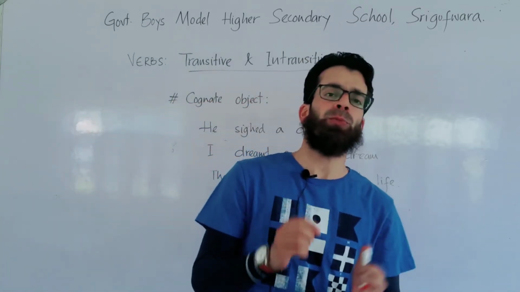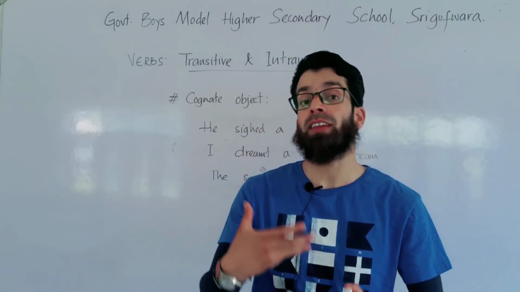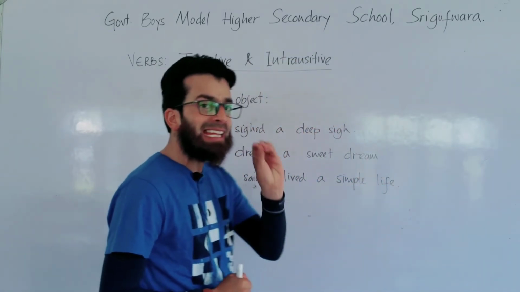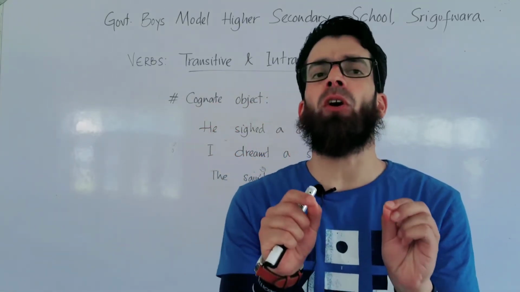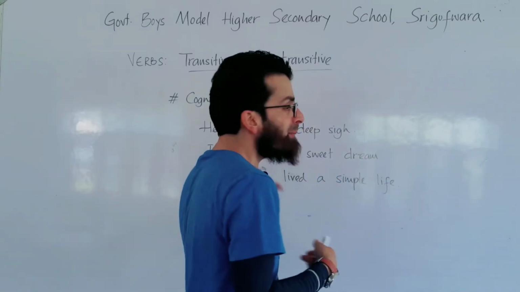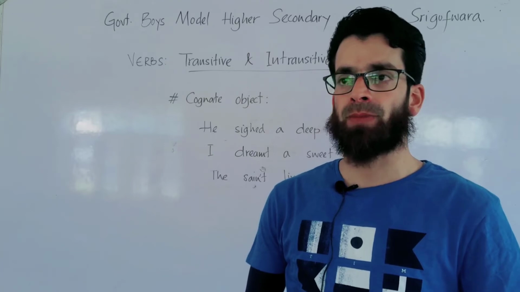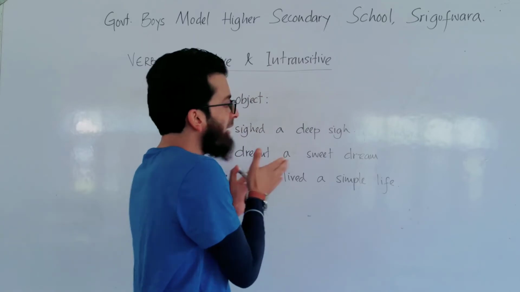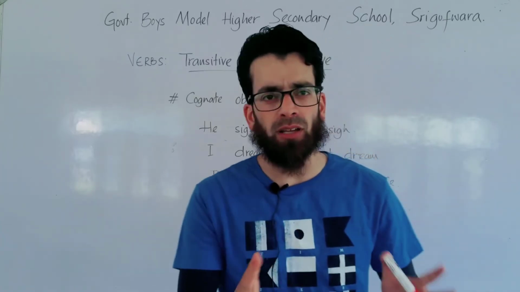Some intransitive verbs carry along with them their object, and that particular object is akin in meaning to the verb itself. So we have a verb and an object, and they are similar in meaning to one another.